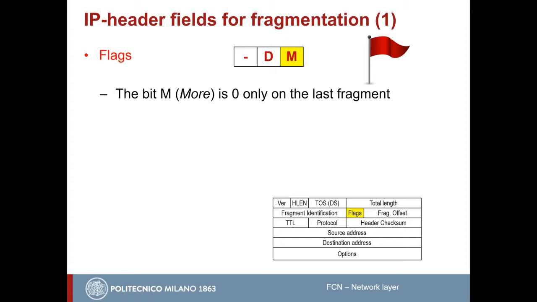This flag is set to 1 in all the fragments except the last one. In the last one, it is set to 0. This flag allows us to recognize the last fragment of a packet.